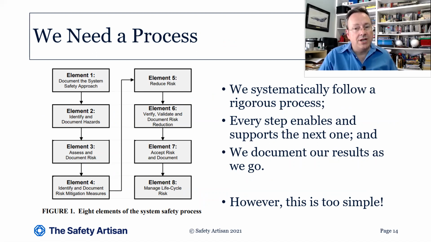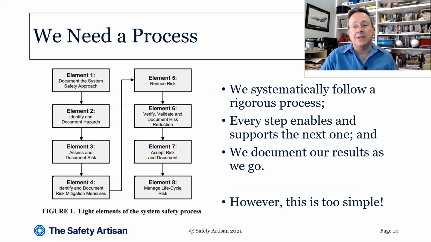So we assess risk. We think about how we're going to mitigate the risk, so we identify risk mitigation measures, or controls as they're often known. We apply those controls to reduce risk. We verify and validate the risk reduction that we have achieved, or that we think we will achieve.